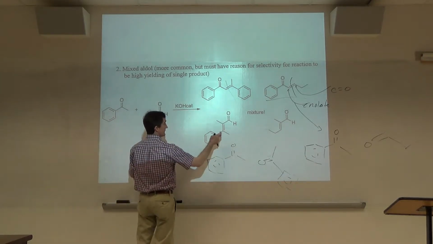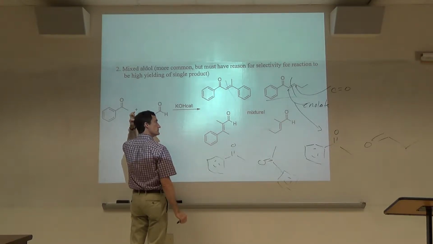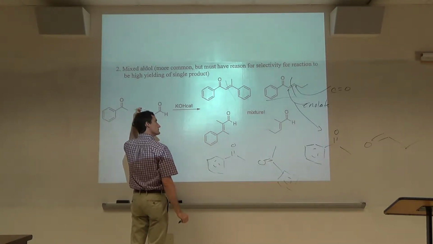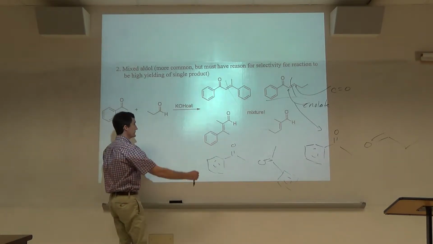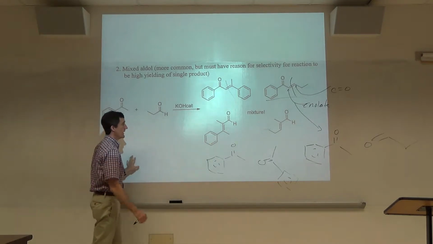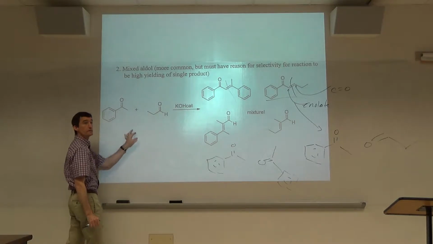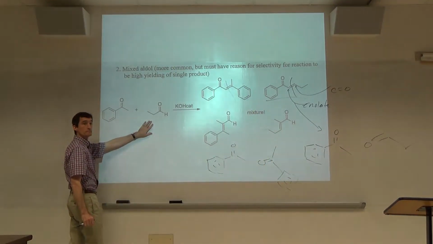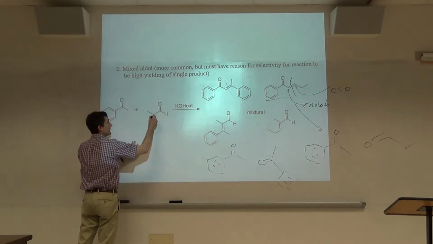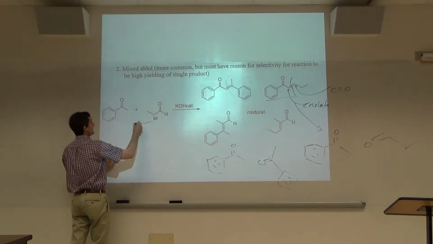How do you get this compound? Now I have to apologize to you, because now I see how you would get this. How do you get this? Enolate here, enolate there, and that attacks here.